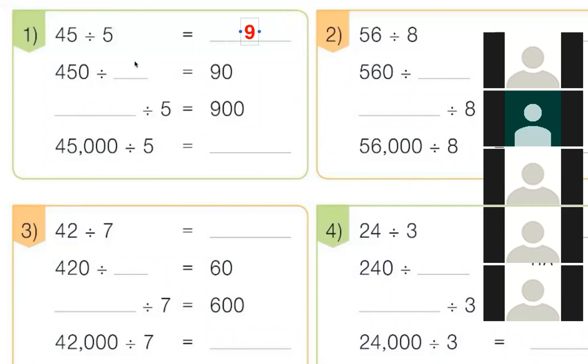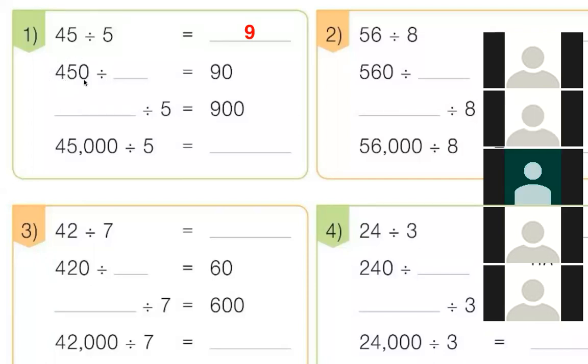So Bab, next one. One more. No, that one is not 45. 450 divided by 5.